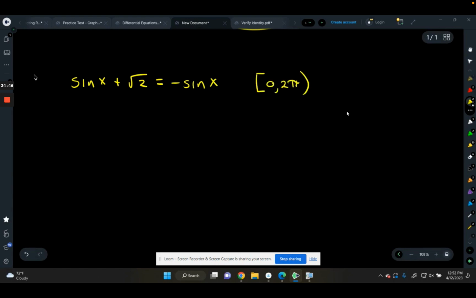What do you think? We're trying to solve for x, so what do you think we should do? Not yet. If it was just x plus root 2 equals negative x, what would you do to solve for x?